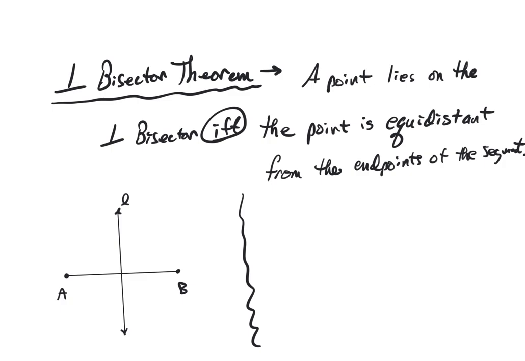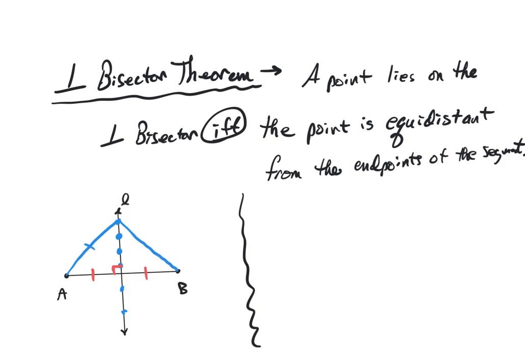So one direction would be any point on the perpendicular bisector. I could choose this one, or this one, or this one, or this one, or any of these down here. A point lies on the perpendicular bisector if it's equidistant from the endpoints. So if we pick a point on the perpendicular bisector, so if we know that this is the perpendicular bisector, then the distances to the endpoints are going to be equal.